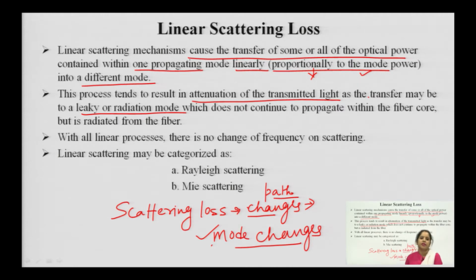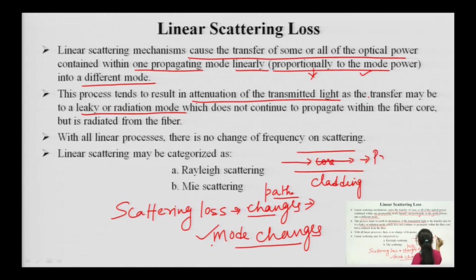That is why it comes under the category of attenuation, as the transfer may be to a leaky or radiation mode. It was already discussed in the previous lecture that in the core and cladding structure of the optical fiber, the ray which is propagating is called the propagating wave mode, which remains inside the core and does not go outside the core into the cladding.